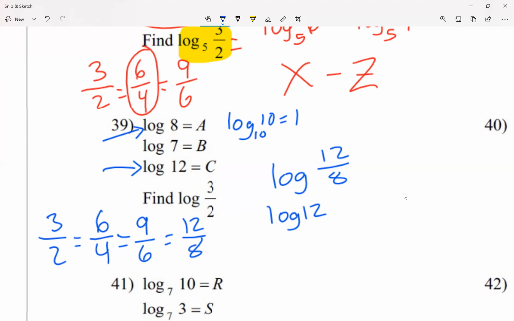Gotta remember, 12 over 8 is basically 12 divided by 8. Okay, so log of 12 minus log of 8, right? We do minus. Now, log of 12, let me replace that as a c, minus log of 8, let me replace that as an a. So my answer will be c minus a.